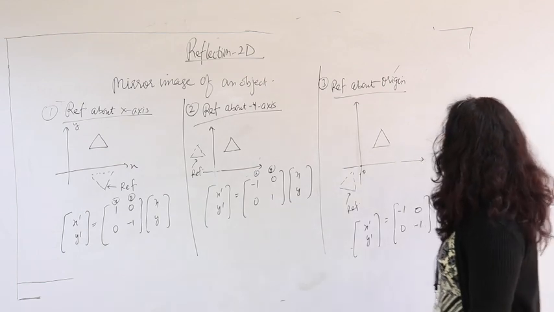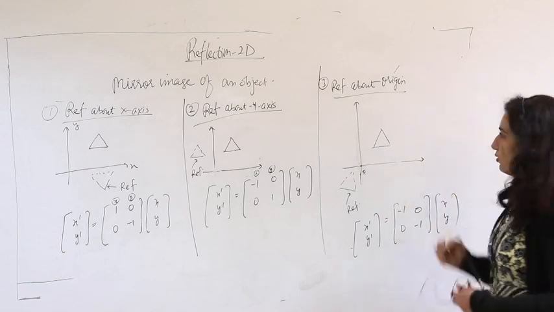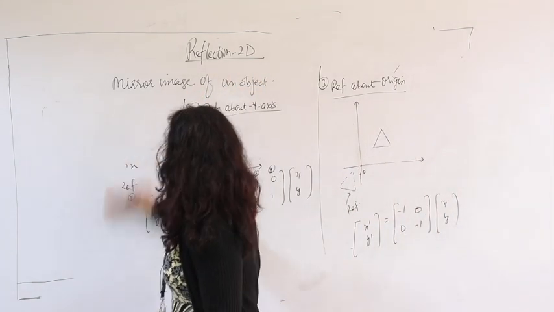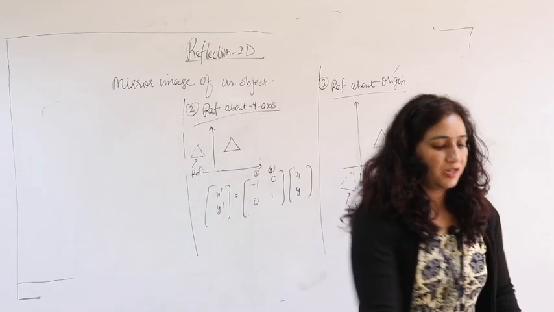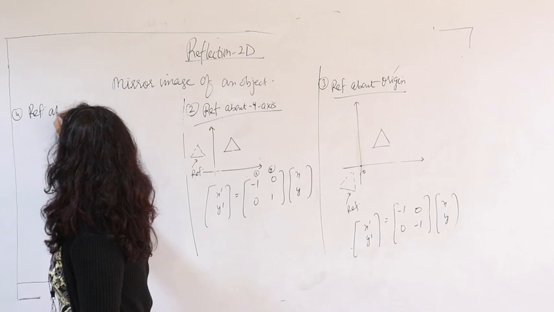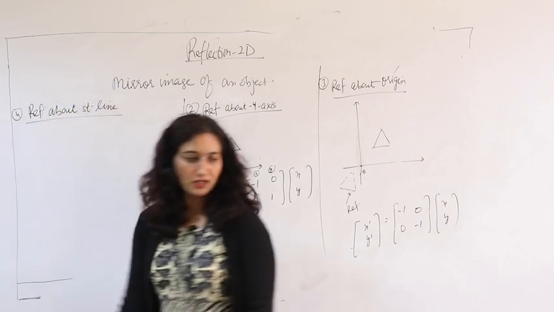Clear? I am talking about the fourth topic, that is called reflection about straight line. What do you mean by straight line?